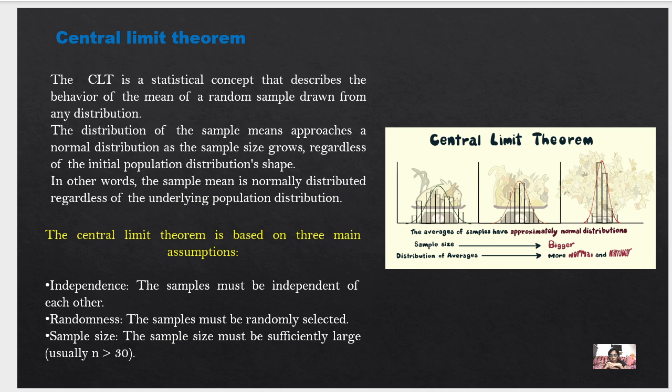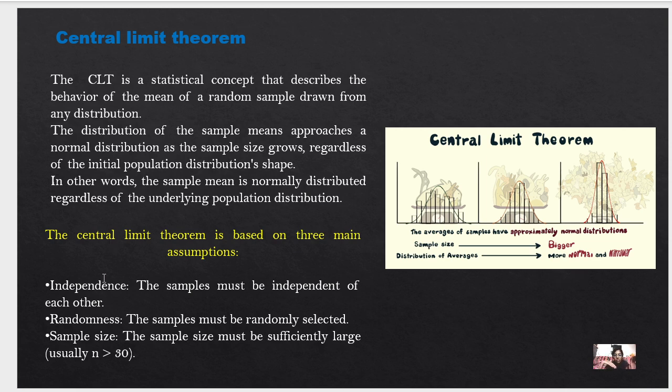In other words, the sample mean is normally distributed regardless of the underlying population distribution. So this image relates to the central limit theorem. If the sample size is bigger, then the distribution of averages becomes more normal with less deviation.